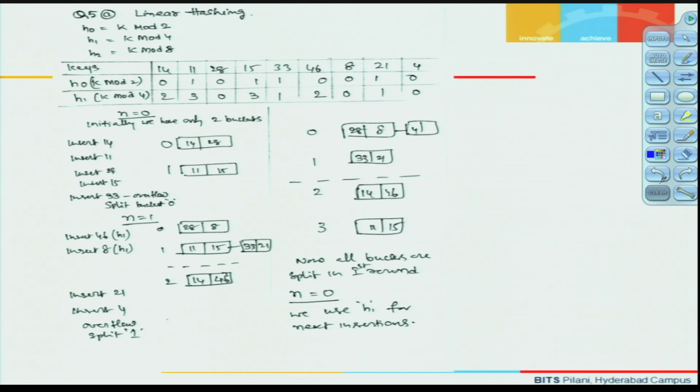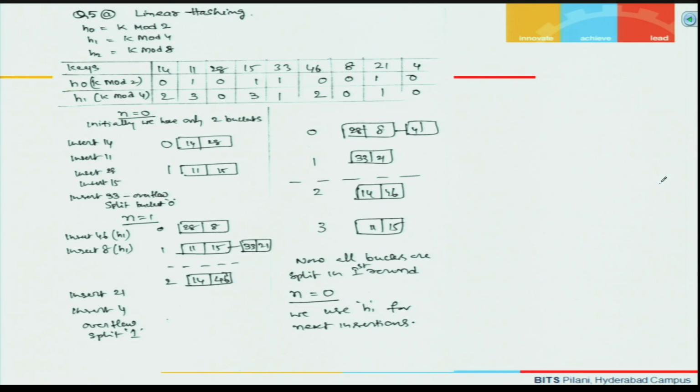Let us have a look at an example that will give us a clear idea about how linear hashing works. We have hash functions h0, h1 and h2 in this example. h0 is k mod 2, and h1 is the next hash function, which must result in double as many address locations as are available with h0.